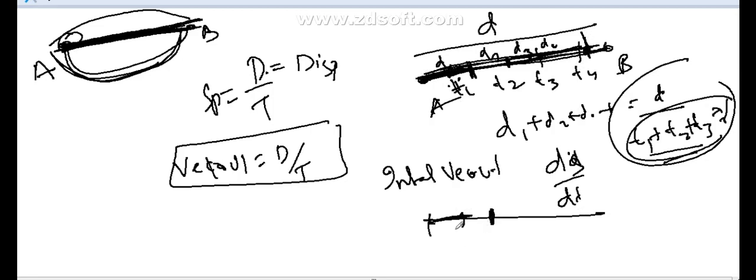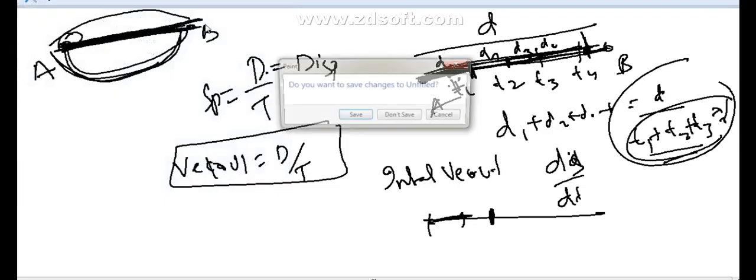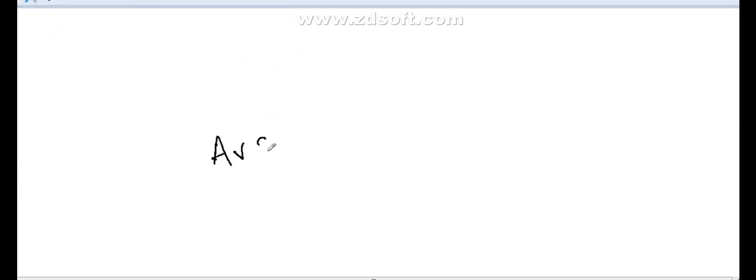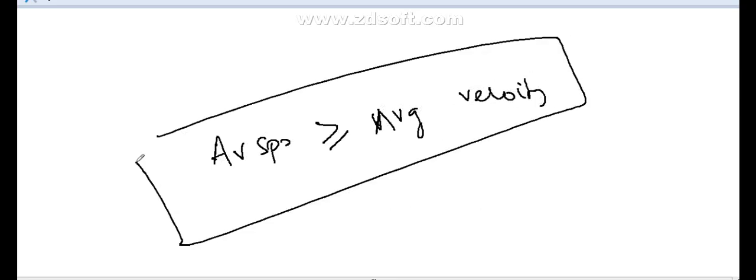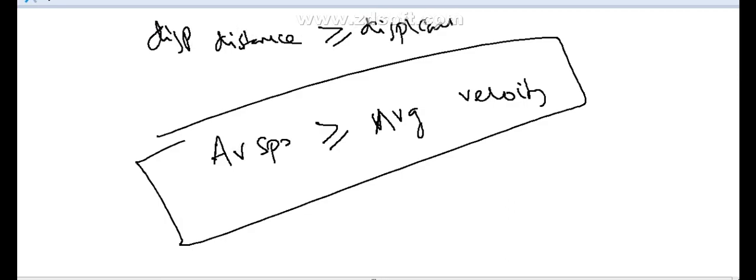Now, what is the relation between average speed and average velocity? Average speed is total distance by total time. Average speed is greater than or equal to average velocity. Why? Because distance is greater than or equal to displacement.